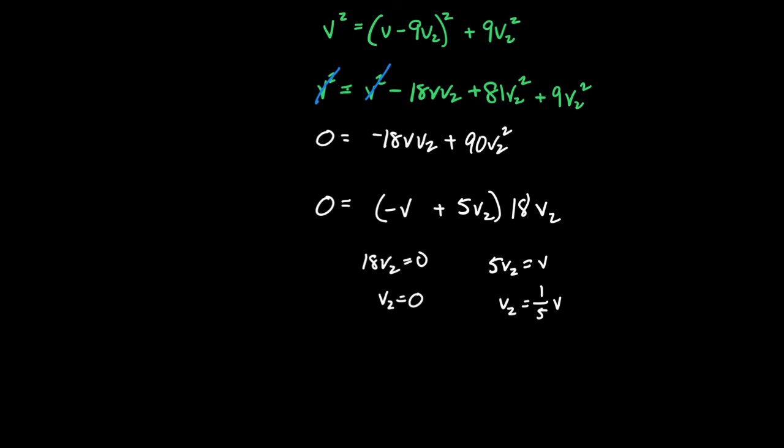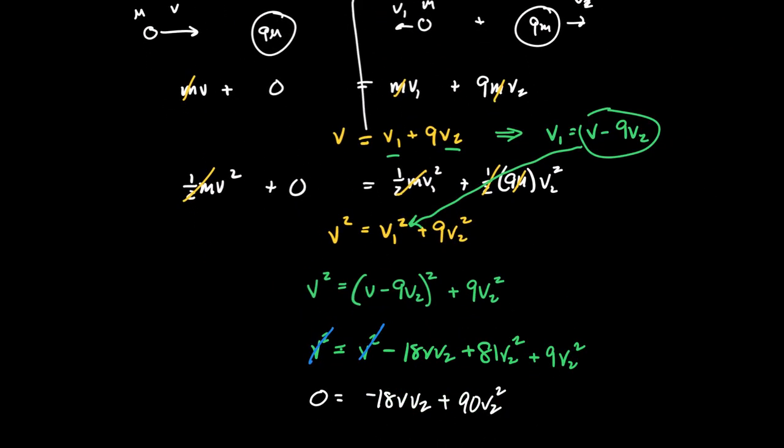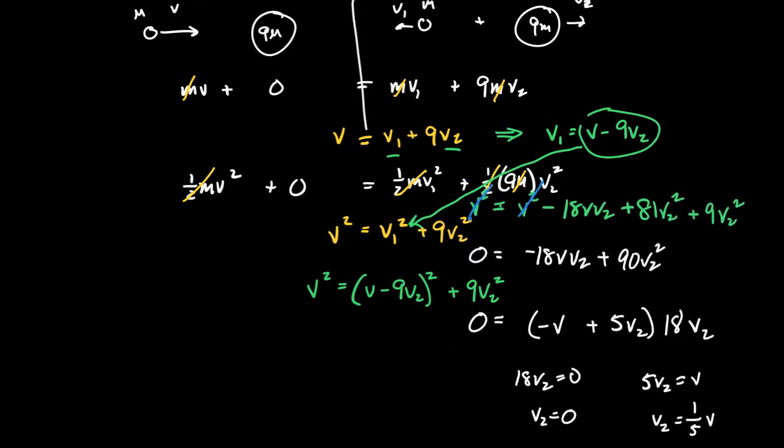We asked the math to tell us the velocity of the second object. That's what this is. And if I look back at my picture, what was the velocity before the collision? The velocity was 0 before the collision. That's why I get 0 as one of my answers. Before the collision, it was 0. It's obvious. Unfortunately, I also get the second answer, that after the collision, this one had to be 1/5 V.